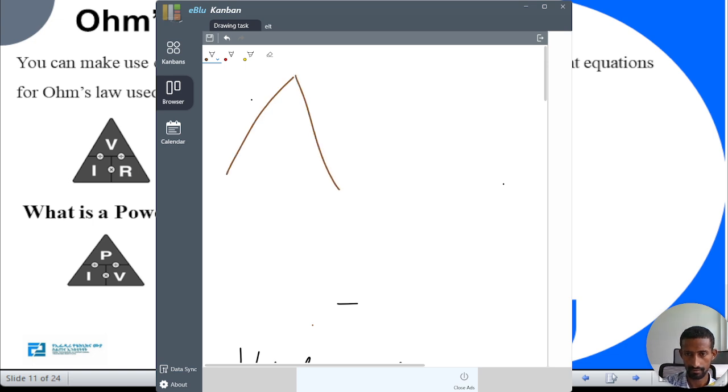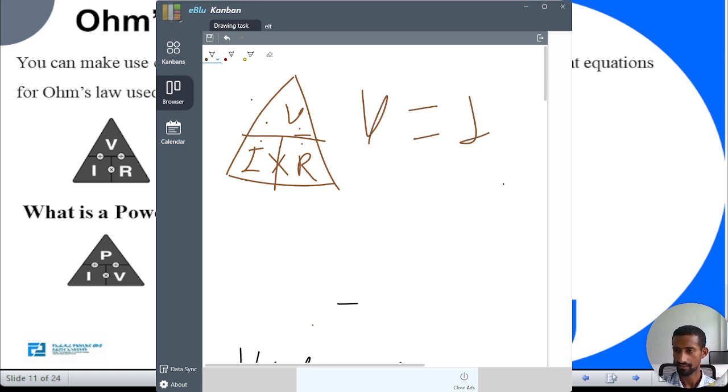This is a triangle, and let's divide it into some parts. This is I, this is R, and this is V. Here we have put division, and here it is multiplication. So from this triangle, we can easily see that V equals I times R.